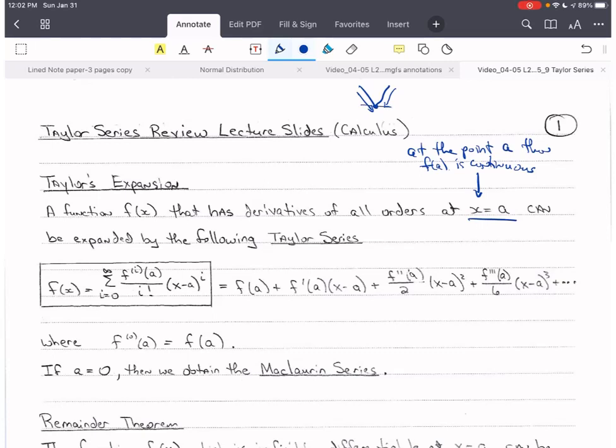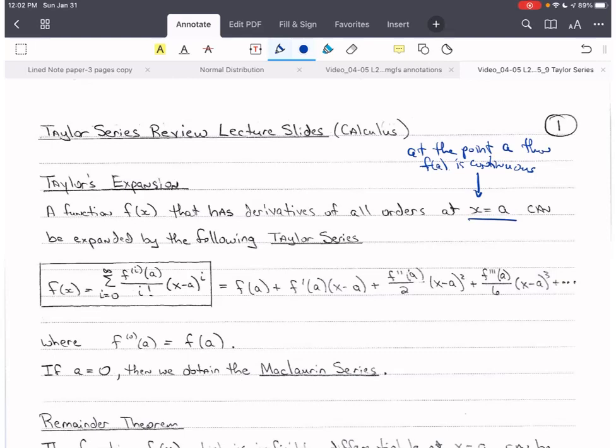And at the point, of course, it's 0. So that's not differentiable, but it is continuous. So remember, functions have to be continuous to be differentiable, or if they're differentiable, they are continuous at that point.